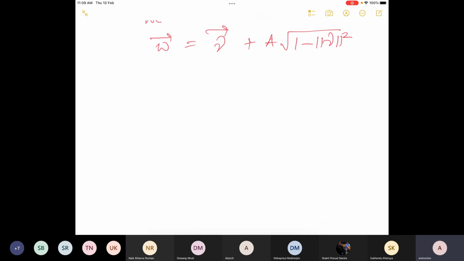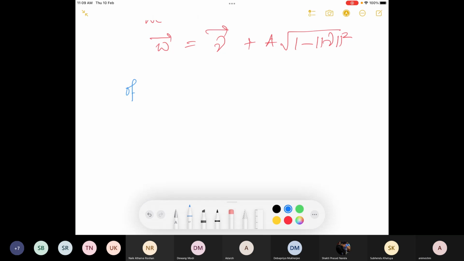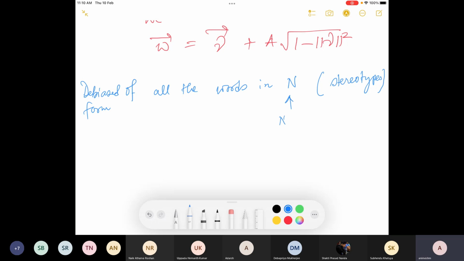So basically, now we have computed the debiased form of all the words in N, which were all stereotypes, and this we have achieved using the neutralize step.